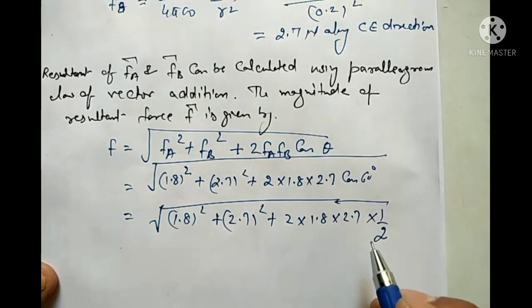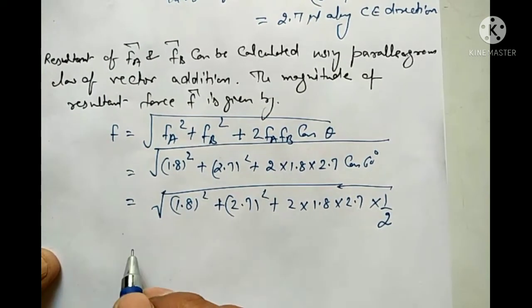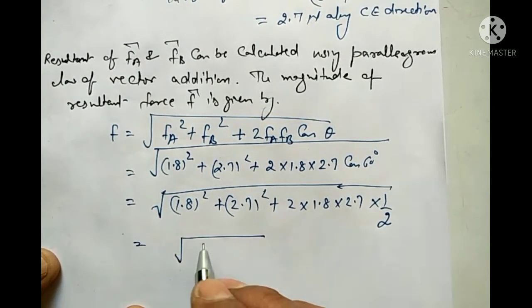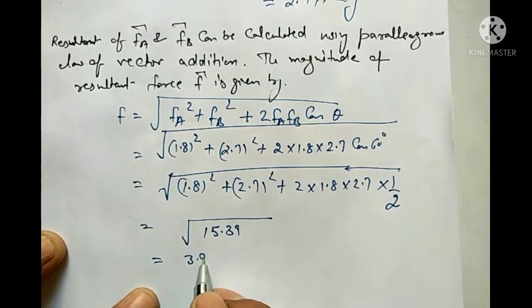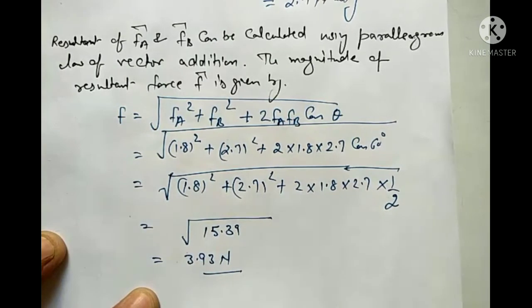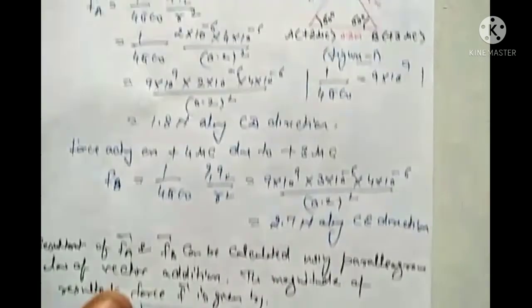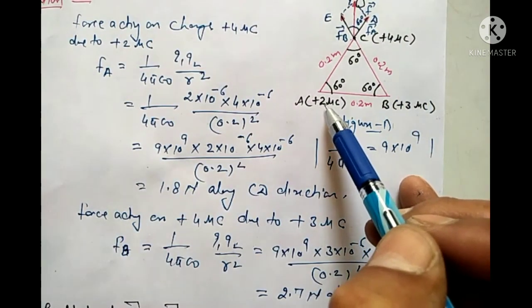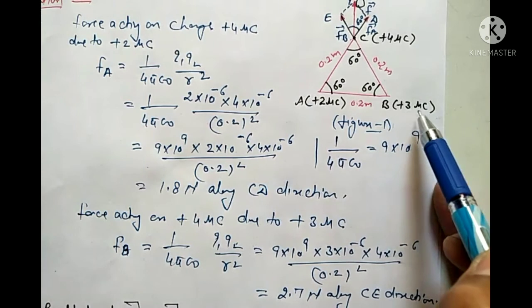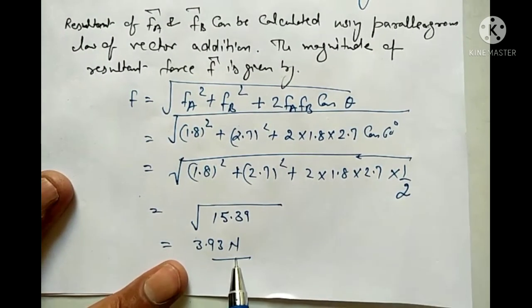So by solving this we get square root of 15.39, and this is equal to 3.93 Newton. So the resultant force exerted on charge plus 4 microcoulomb due to charges plus 2 microcoulomb and plus 3 microcoulomb is 3.93 Newton.